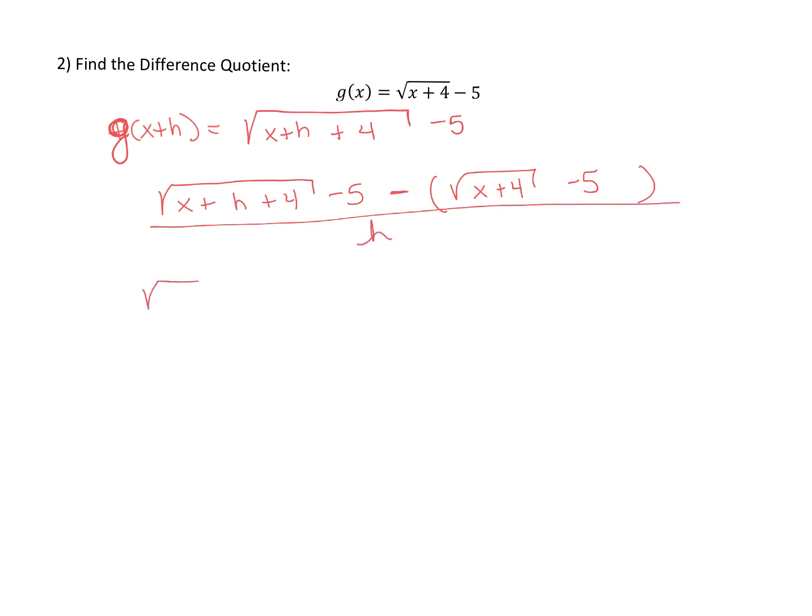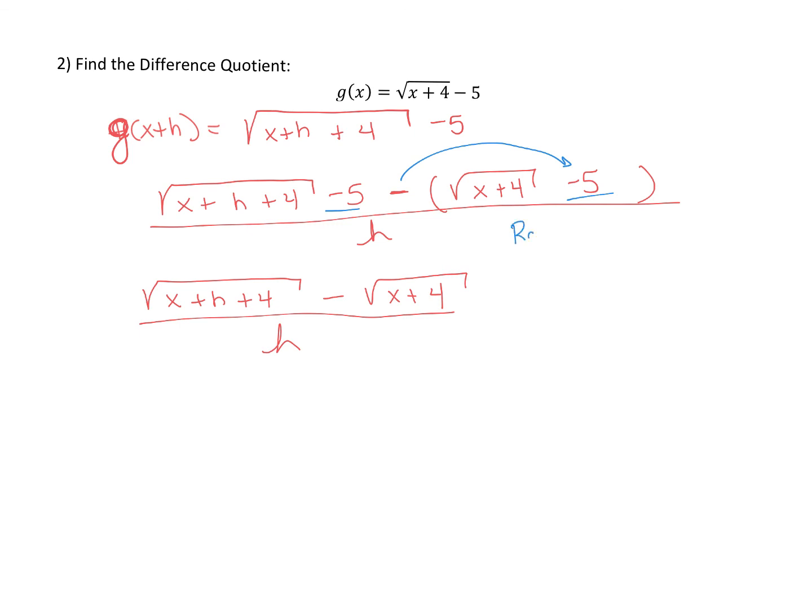So that's going to give us the square root of x plus h plus 4 minus the square root of x plus 4 all over h. So notice when I distribute that, it becomes positive 5 and minus 5 plus 5 add to 0. Now, technically this would be good, but what we want to do is rationalize the numerator.